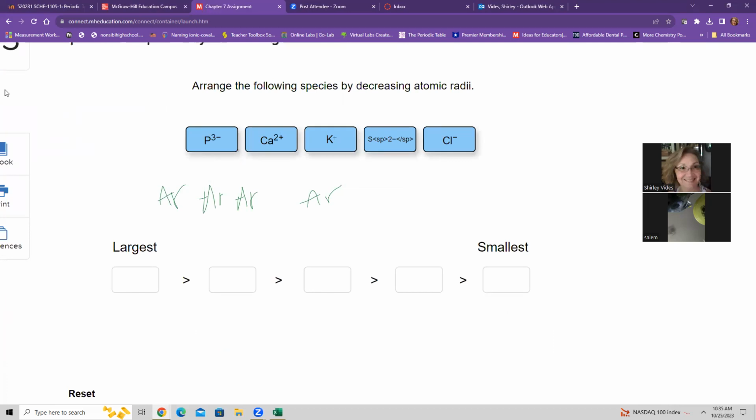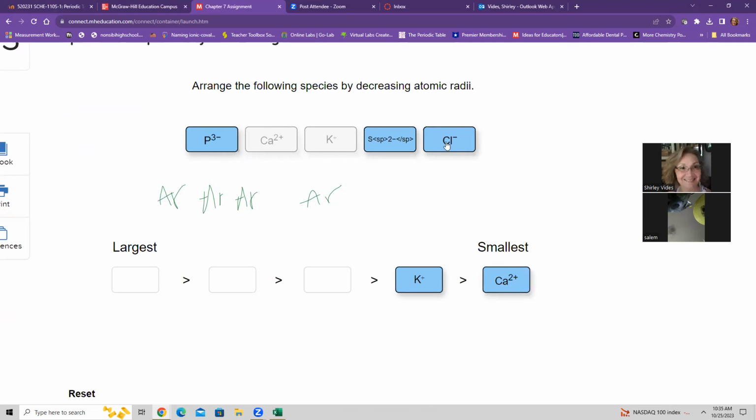This one's gonna be tricky because calcium would be the largest, but it gets smaller when it becomes an ion, right? It gets smaller the more electrons you lose.